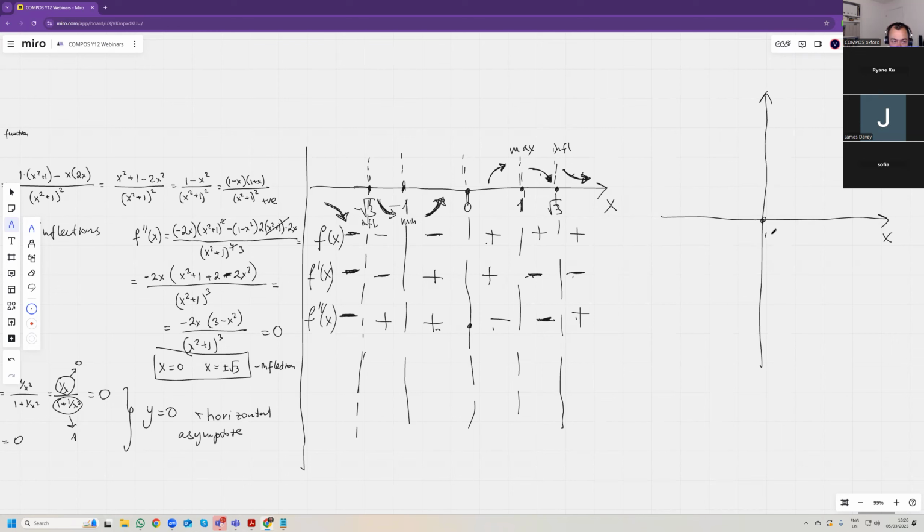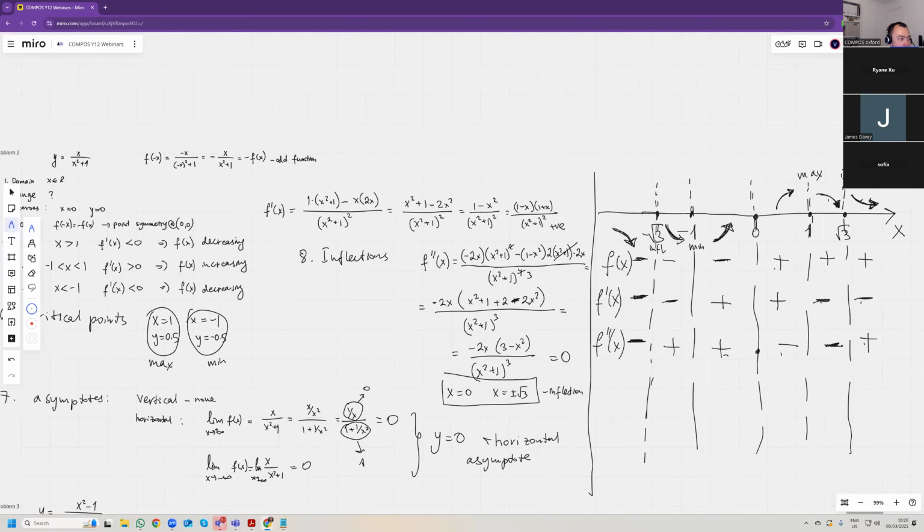So we put the interesting points 0, 1, root 3, minus 1, minus root 3, 0, 0, 1, 1/2, root 3, well, we can substitute root 3.